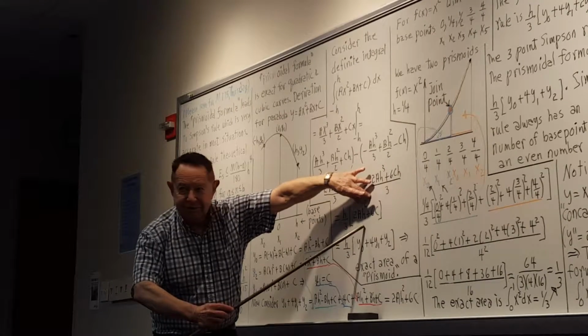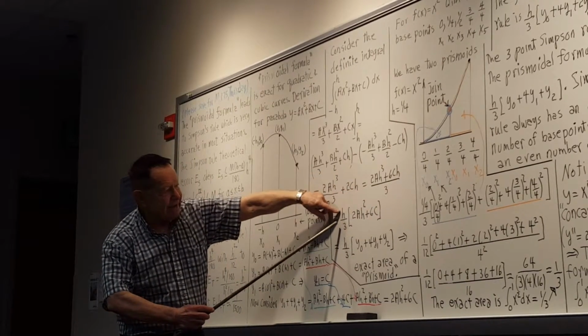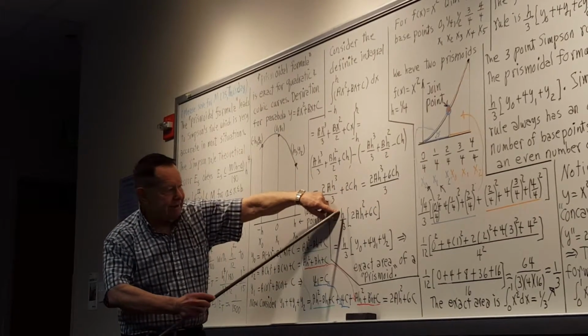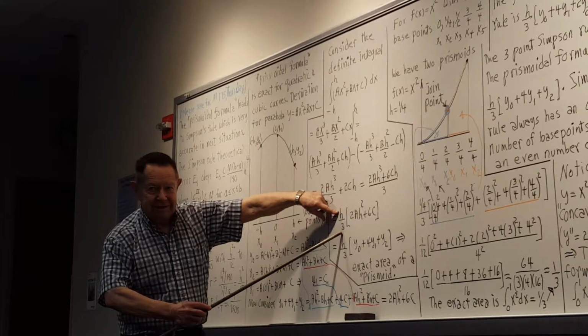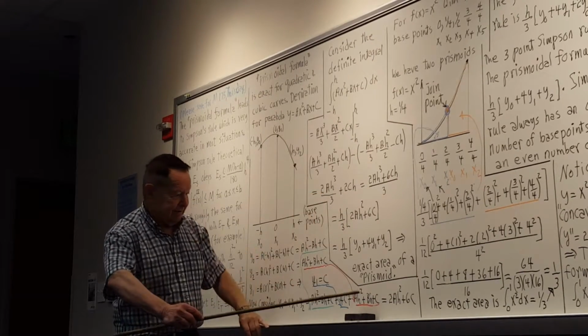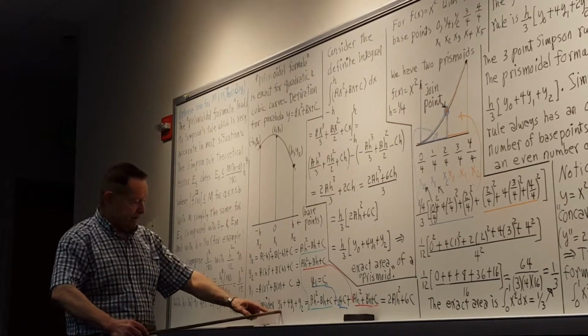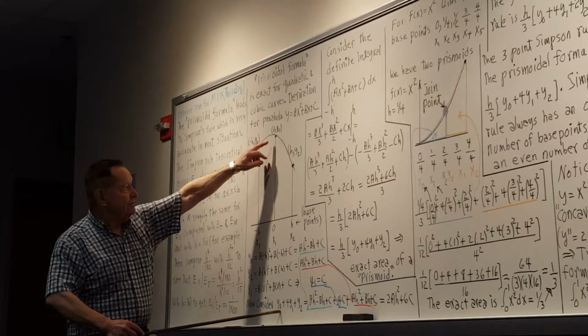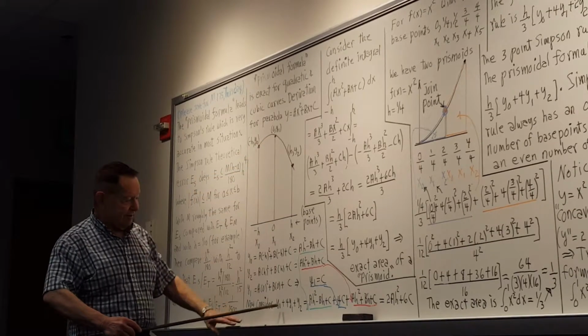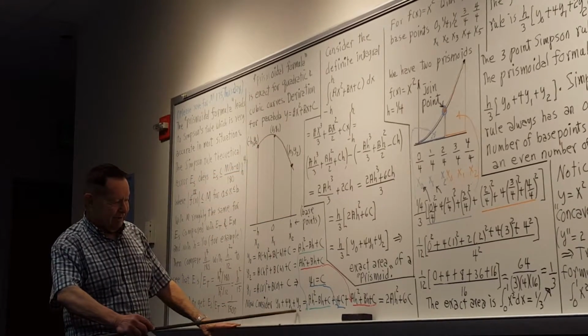So what that lets you say is that the exact area for the prismoid is 1/3 the spacing times this expression related to the y values, the heights to your curve, y0, 4y1, y2.